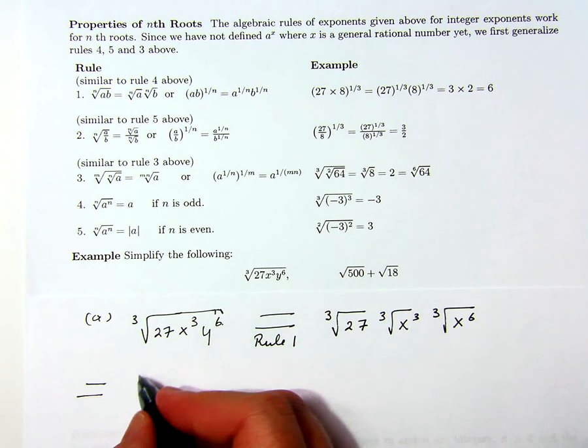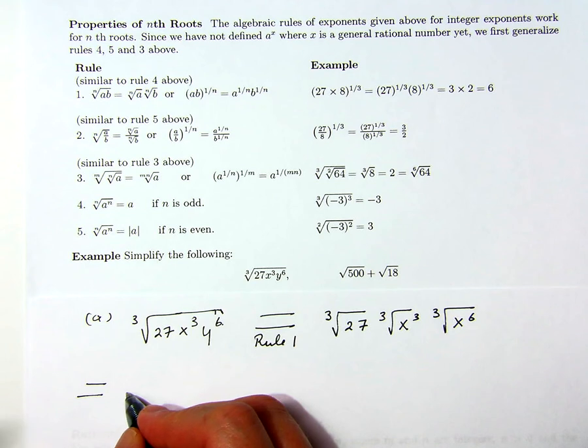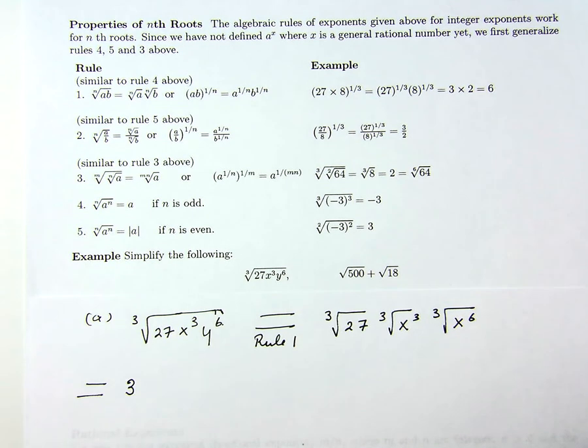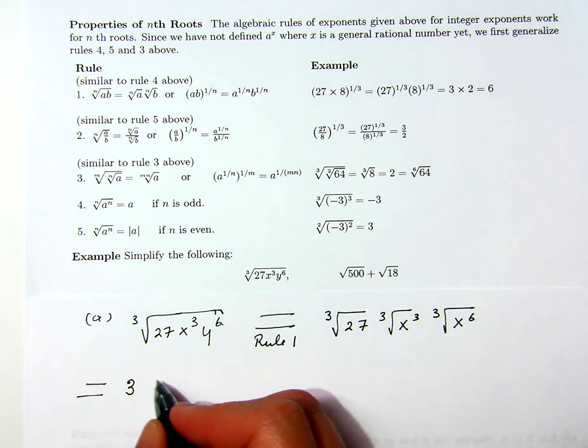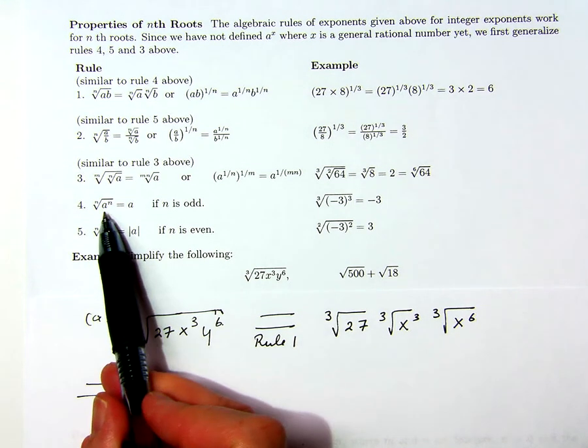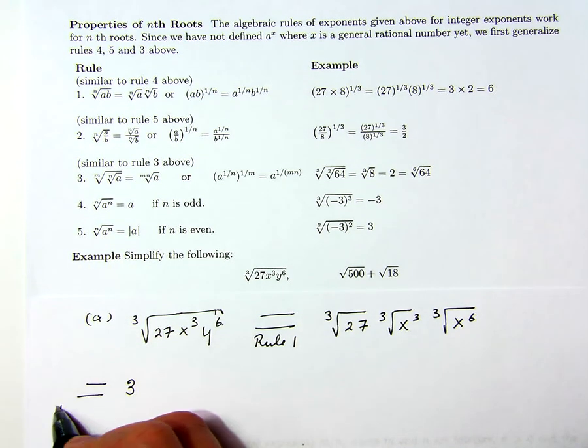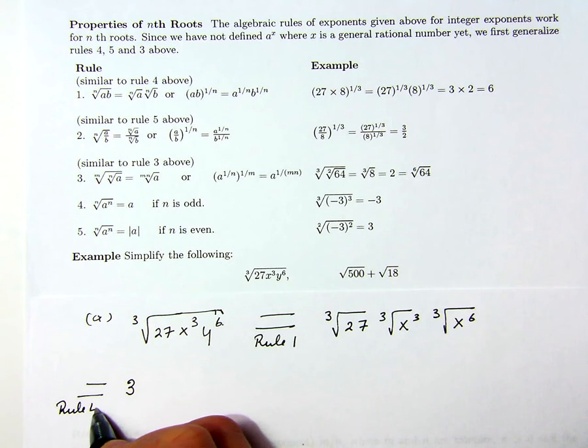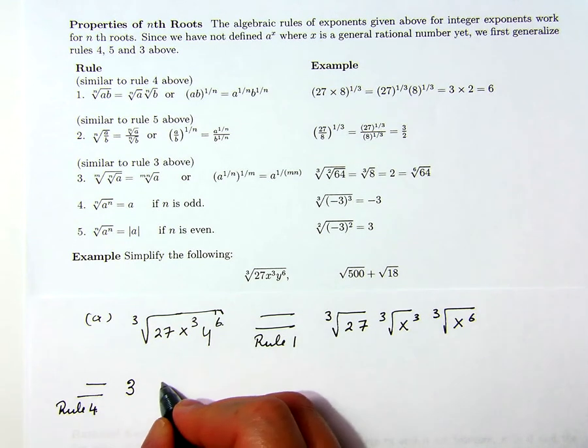And now the cube root of 27 I know is 3, because 3 cubed is 27. And the cube root of x cubed, well, according to rule 4, that's equal to x itself.